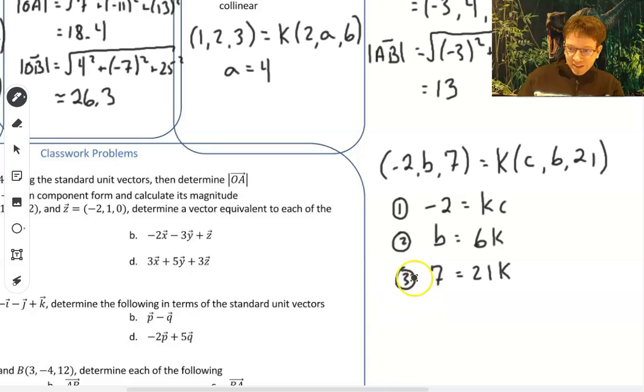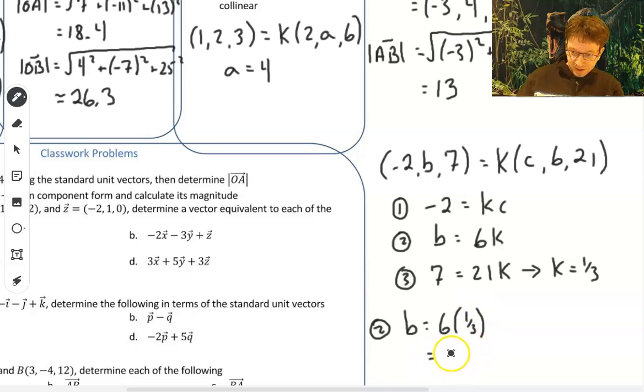So right away, you can look at equation 3 and say, oh, I can figure out what k is there. And k is going to be 1/3. Well, if k is 1/3, then I could go back to equation 2 and say, well, b is going to be 6 times k, where k is 1/3.